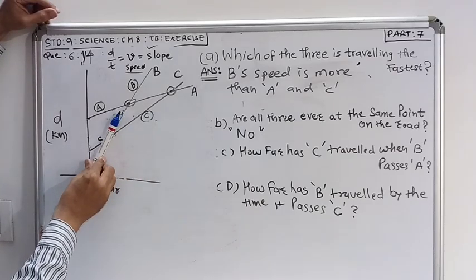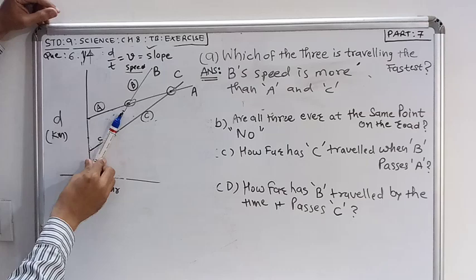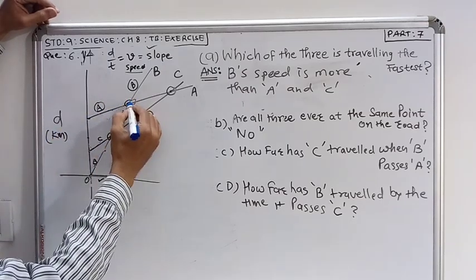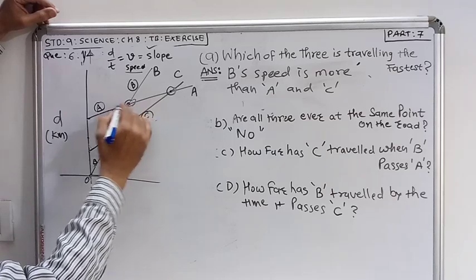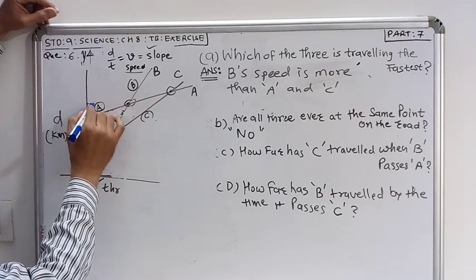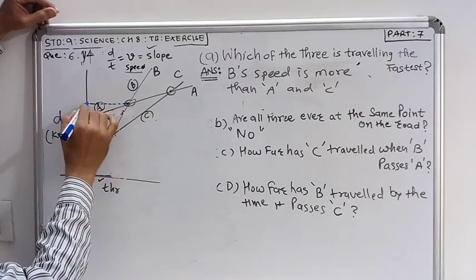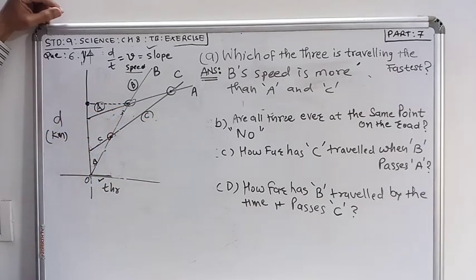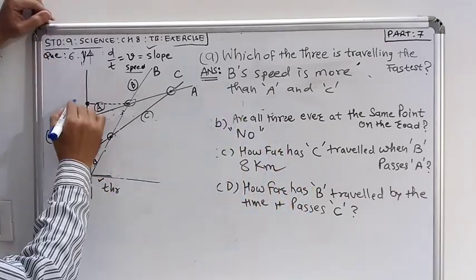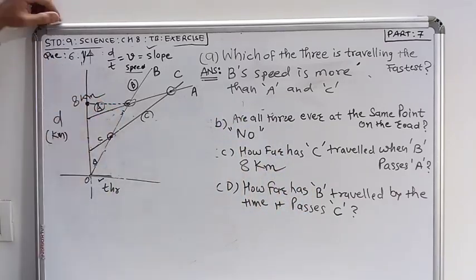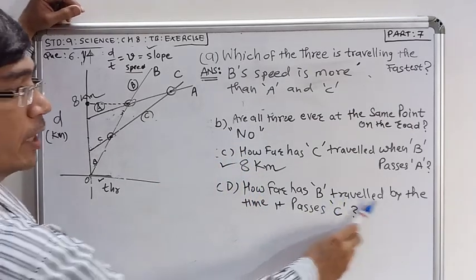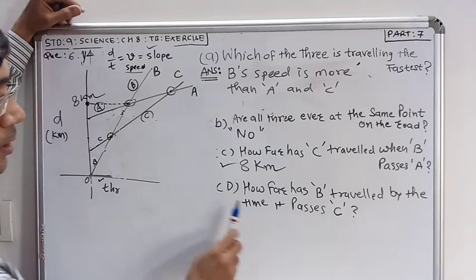B is this and it passes the A. This is the A. So when B passes A at this point, we take the distance traveled by C, and this distance is 8 kilometer. This is the answer.